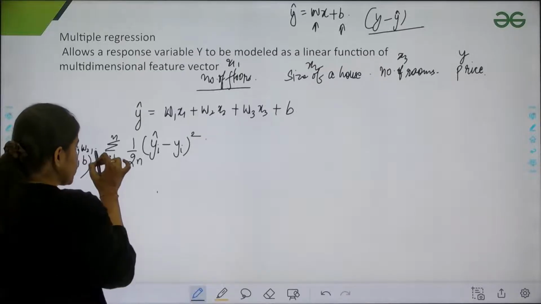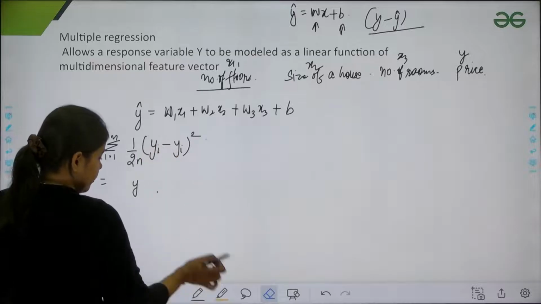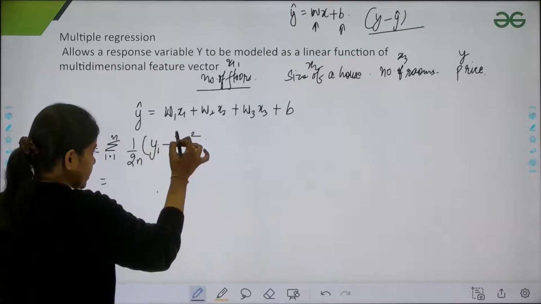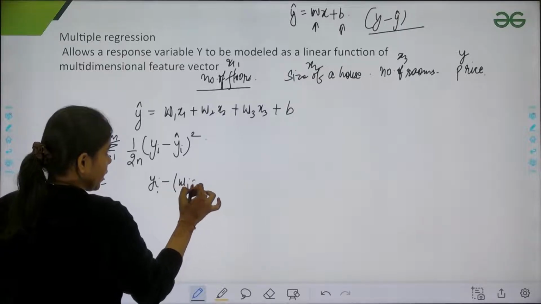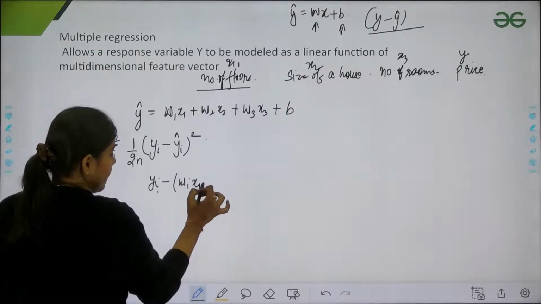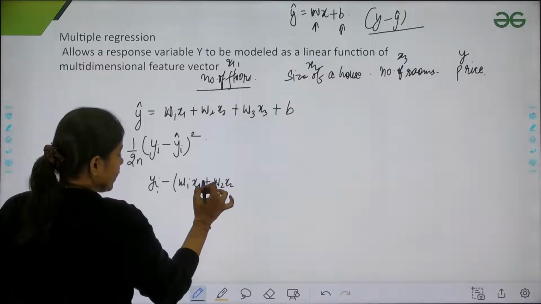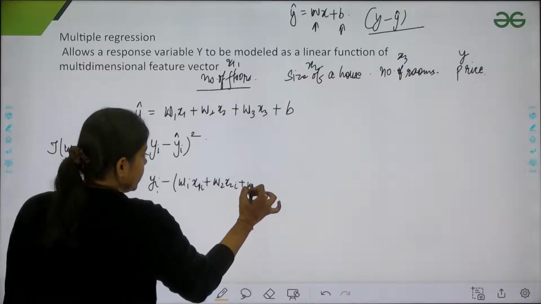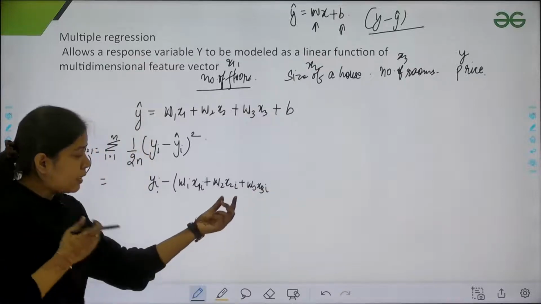Because now the function is yi cap, let's take it similar to what we have done previously. So yi remains the same, minus W1 x1i plus W2 x2i plus W3 x3i plus b, whole square, with 1 by 2n summation, i varying from 1 to n. Why am I writing x3i?